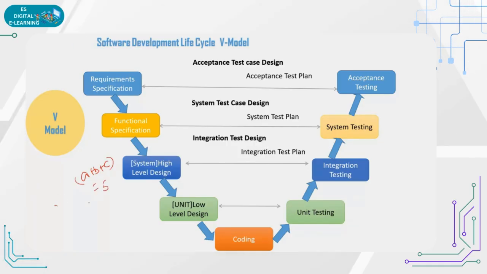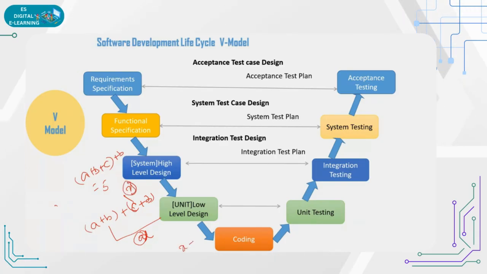At the unit level, A plus B they will make separately. One person takes A plus B, and another person takes C plus D. So now AB development is done by person X, and C plus D will be done by person Y.